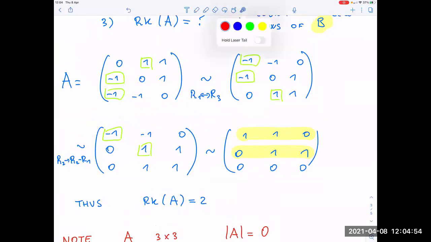Well, I don't see 2 identical rows here. There are not 2 identical rows. It is true at this level, so the rank of this matrix is 0. Okay, but we are speaking about, sorry, the determinant of this matrix is 0, not the rank. The rank is 2. But we are speaking about the determinant of the original matrix A.